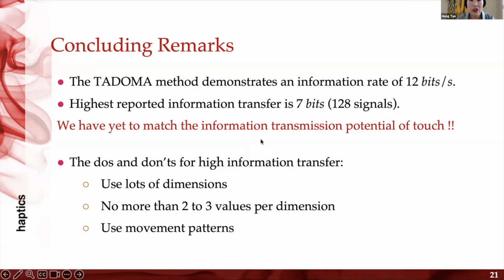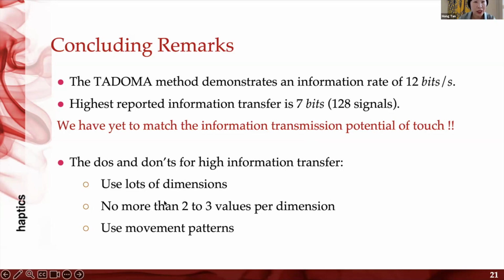So we've yet to match the information transmission potential of touch. I like to say that we don't quite know how to talk to touch. We tend to use image, or we think of it as spectral analysis, but touch is neither. It has its own property. So we need to continue to figure out how to transmit information effectively.